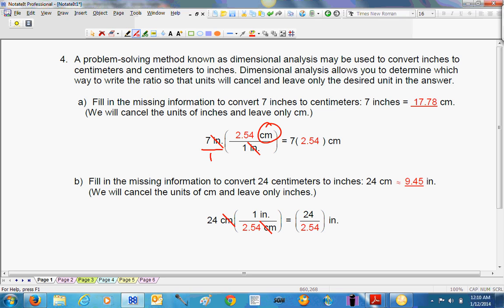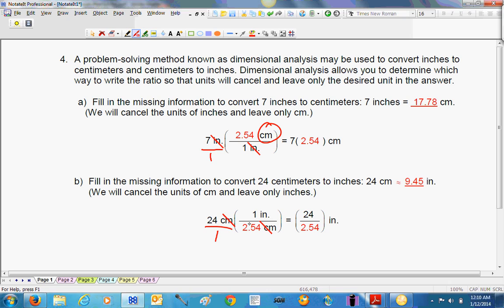B, fill in the missing information to convert 24 centimeters to inches. Again, just like we said earlier, whatever you're converting to would be on the top. So we have 24 centimeters out here. That's just the same as, like I said earlier, putting 24 over 1.